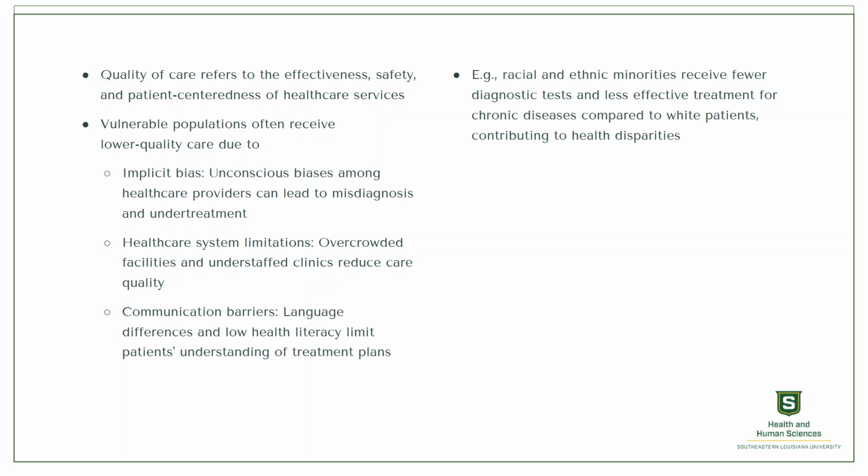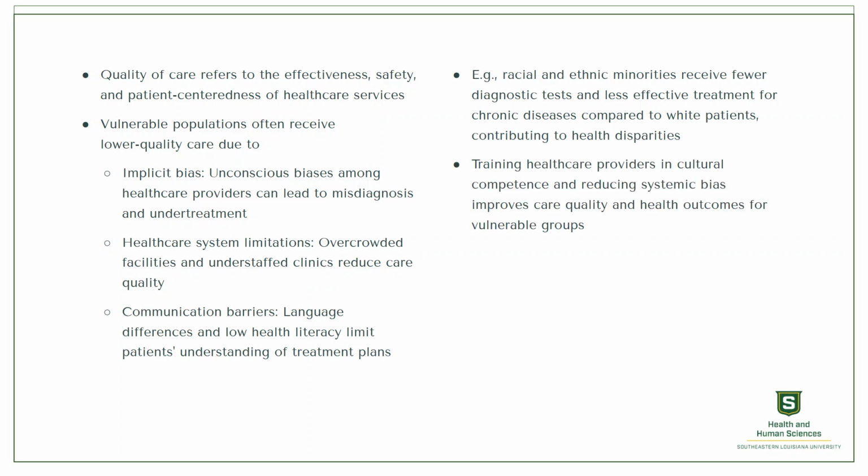An example of how vulnerability affects quality of care, which I mentioned but want to emphasize, is that racial and minority individuals and populations receive fewer diagnostic tests, and even when they are diagnosed, they receive less effective treatment for chronic conditions. Not just chronic conditions, but typically many more conditions compared to white patients, which then leads to health disparities.